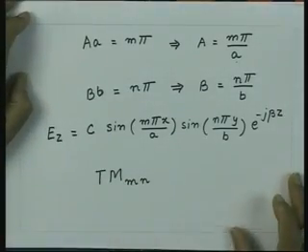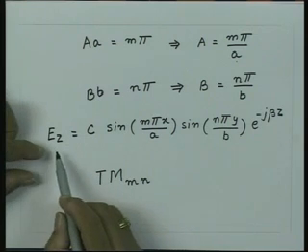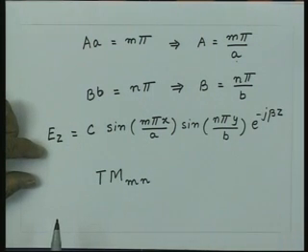We have seen for a parallel plane waveguide that the TM0 mode, which was the same as the transverse electromagnetic mode, was possible in a parallel plane waveguide, and that was the lowest order mode. However, for this mode, we note that when both the indices are 0, the field goes to 0. So, TM00 does not exist.